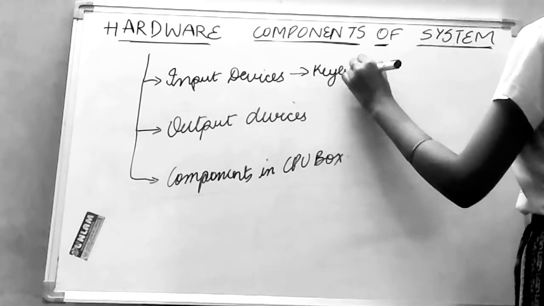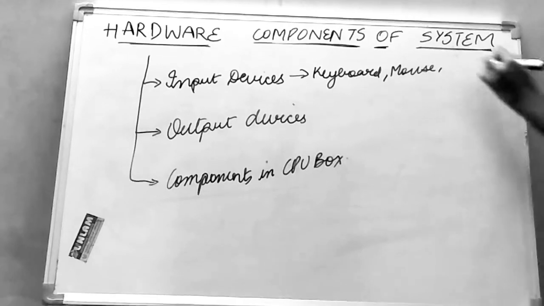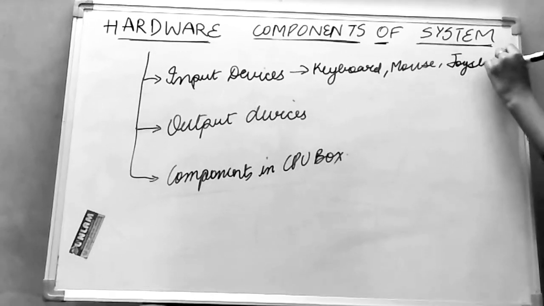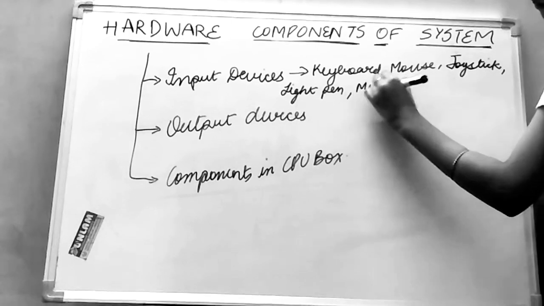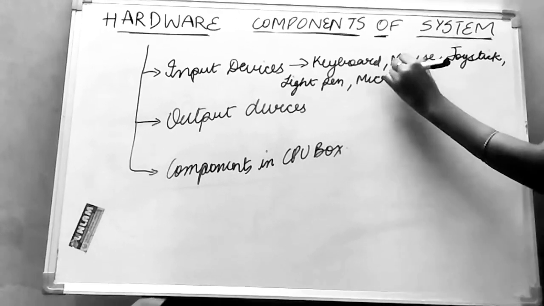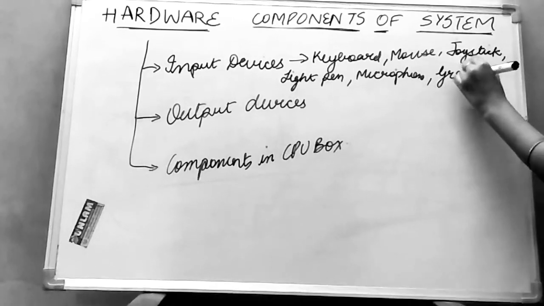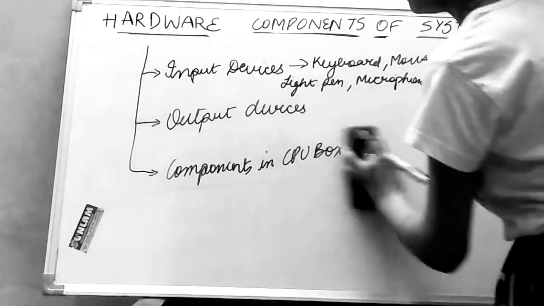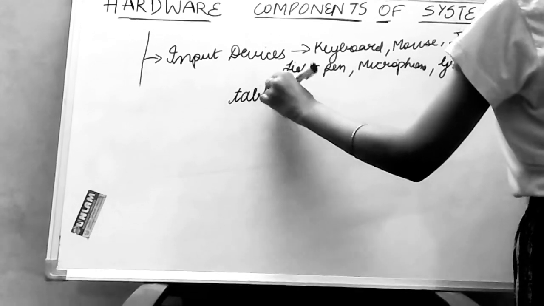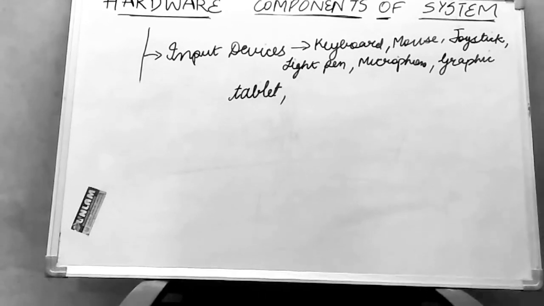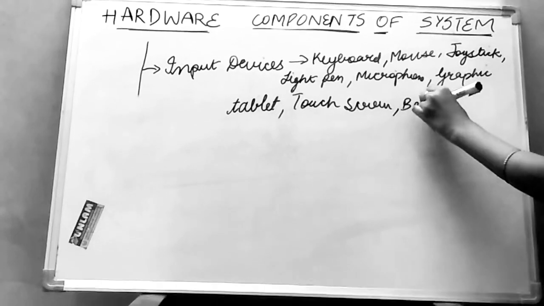In computer we have keyboard, we are having mouse, we are having joystick, light pen, microphone, graphic tablet, touch screen, barcode reader.